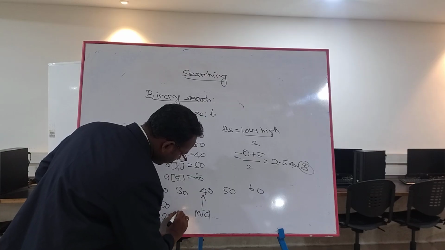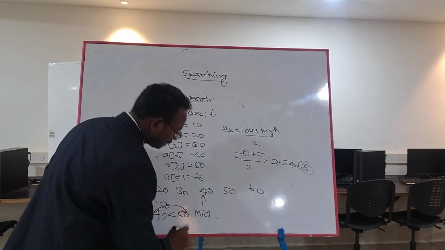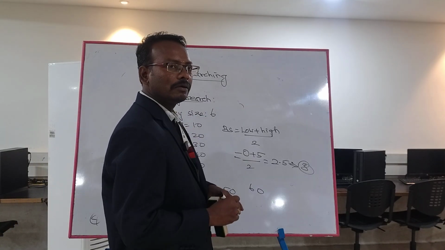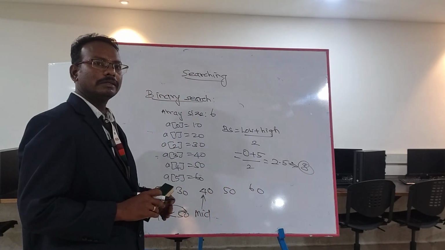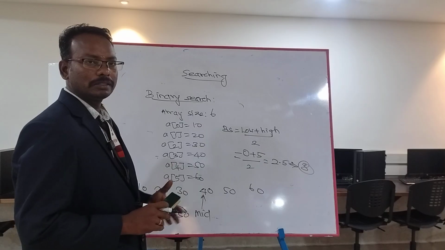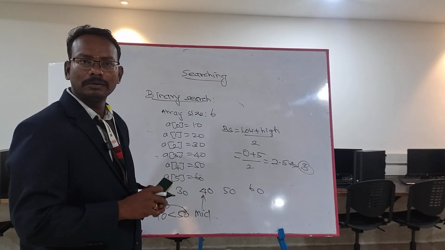Compared to the mid value 40, it is higher. So the next element is 50, and it is found where the number is present. This kind of search is a binary search. These are the two types of search we can use.